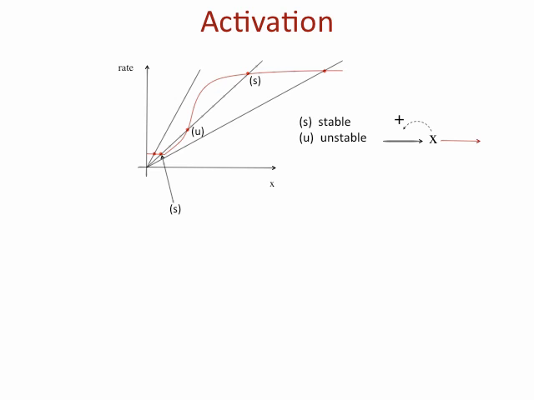Stability of a steady state means that if you perturb the system a little bit away from that steady state, it'll return to it, whereas an unstable steady state is one that when a system is perturbed from that steady state, it will actually run away from it. And you can readily see, for instance, that the stable steady state is such that if I perturb the concentration of X above that steady state, then the drainage rate is faster than the formation rate, and it'll return back to its steady state.